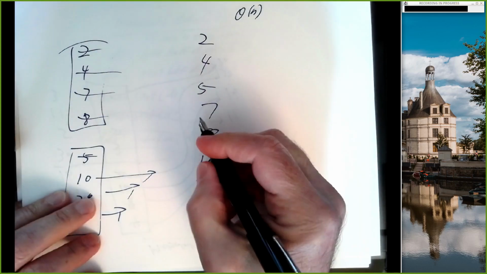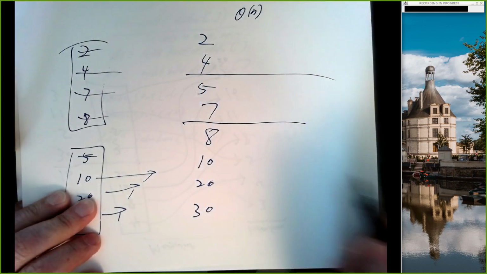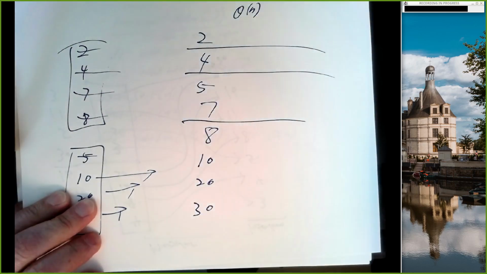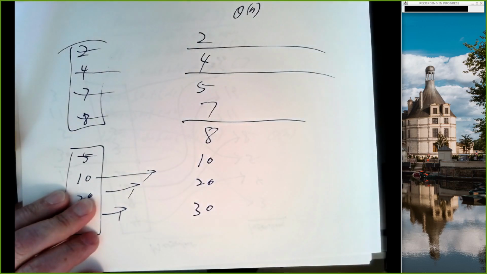In other words, when I split this in half once, I'll have a list of 4. When I split it in half a second time, I'll be down to 2. When I split it in half a third time, I'll be down to 1. If I try to split it in half again, I'll end up with, you know, at least one of my lists being empty.